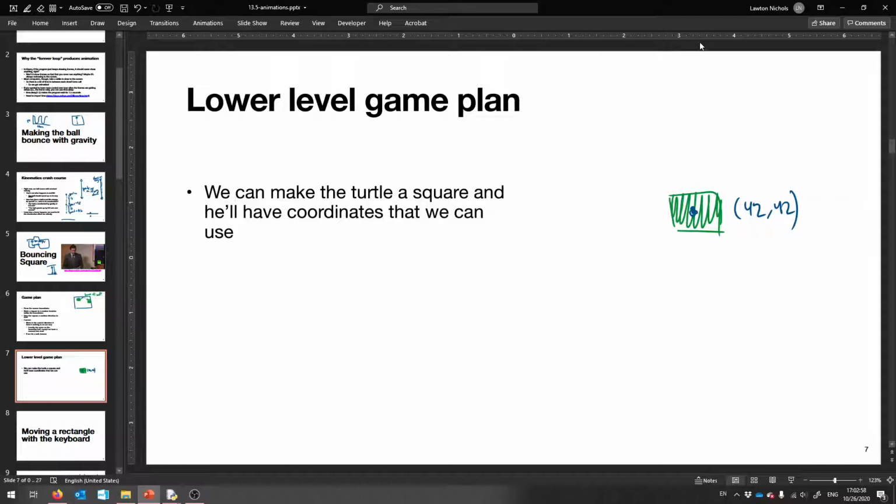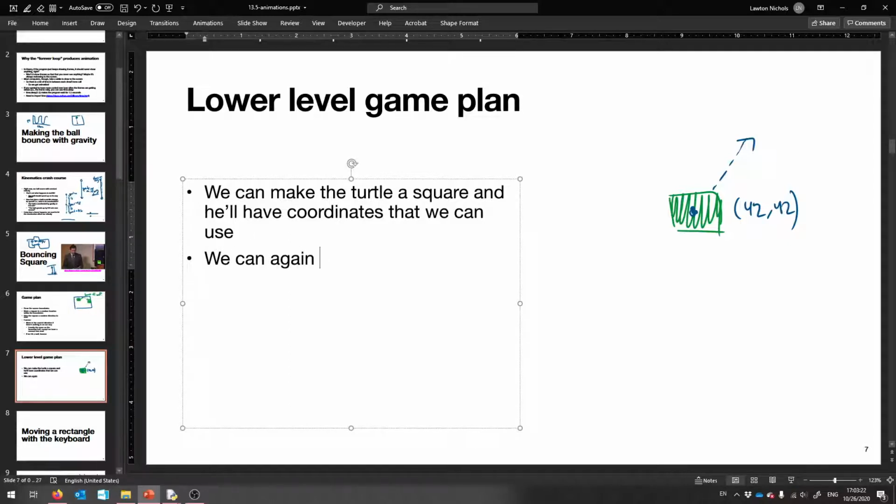We know the current location of the turtle based on its coordinates. We can get those just as usual. But how do we represent the fact that the turtle needs to move in a certain direction? The turtle needs to become animated and go over here. How do we change this turtle in that direction? So how do we store the direction?